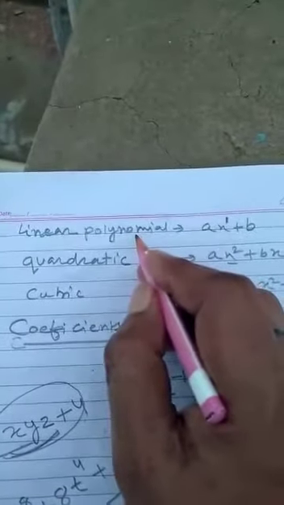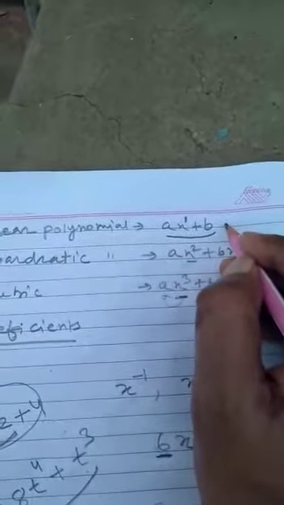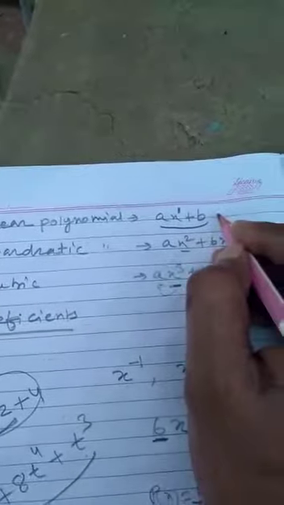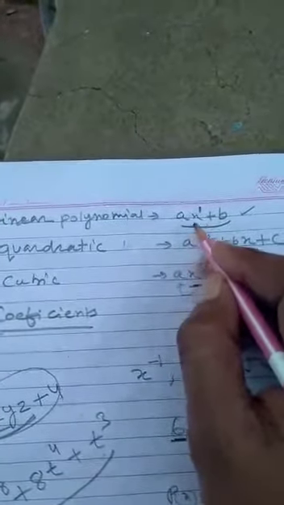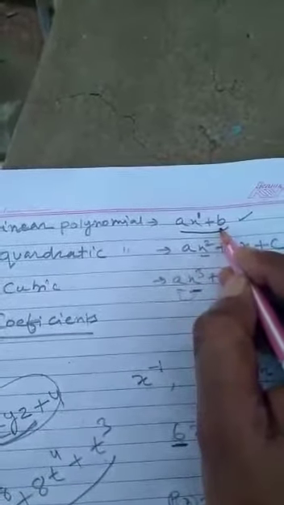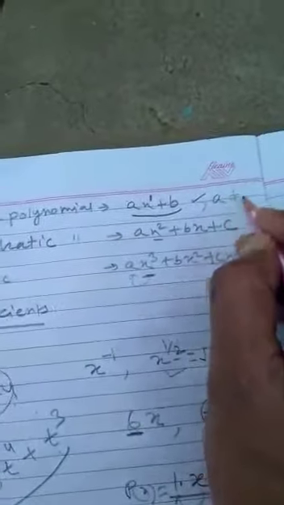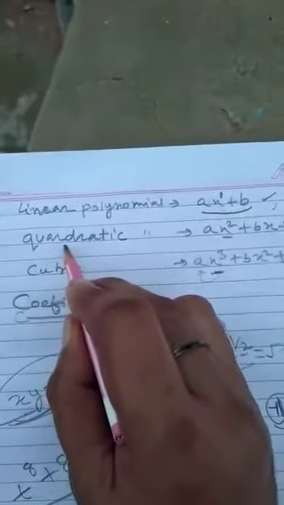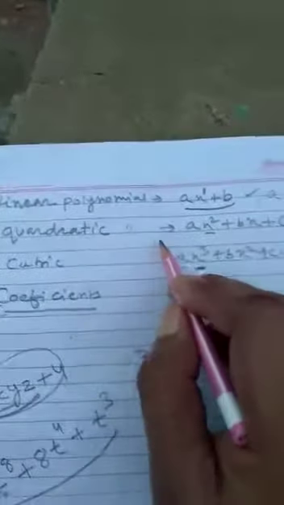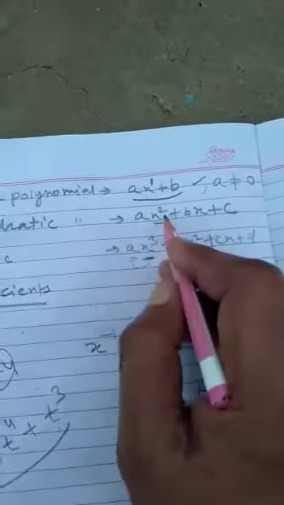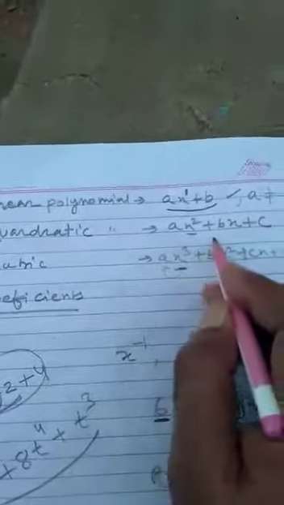Now we see the general form of a linear polynomial. A linear polynomial means one which has highest degree 1. The general form of it is ax plus b. Clear? Here a is not equal to 0. A polynomial of highest degree 2 is called a quadratic polynomial.